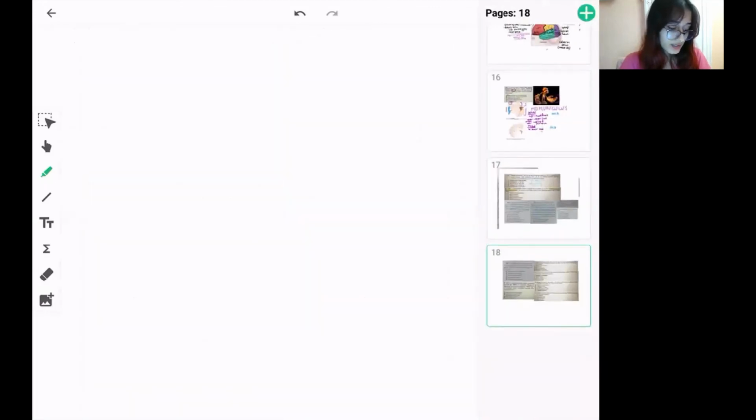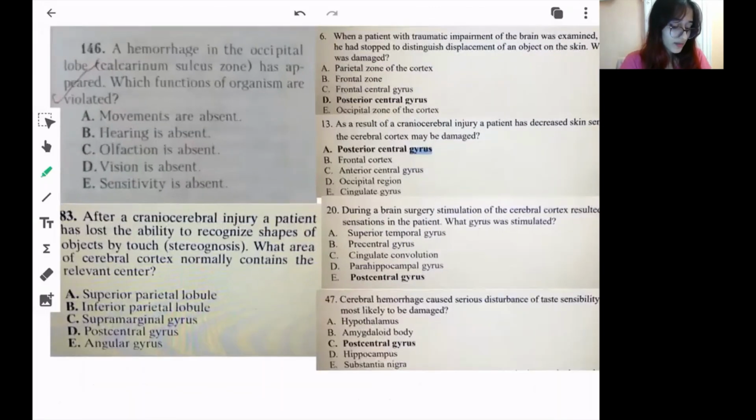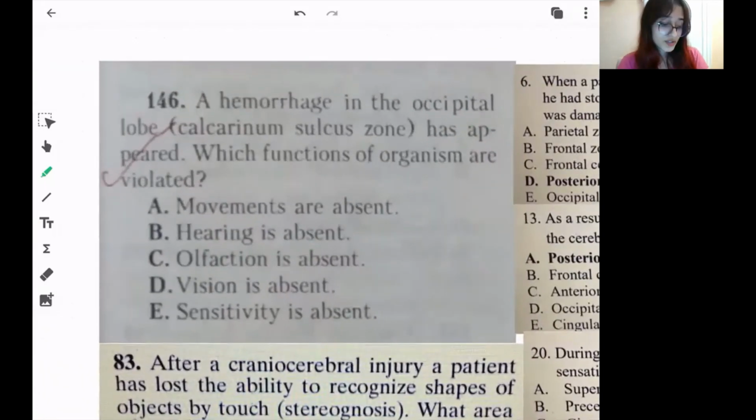So next question, question number 146 of the ministry book. The occipital lobe or the calcarine sulcus. I told you that the calcarine sulcus is present on the medial side of the cerebral cortex, so it is not visible on the lateral view of the cortex. Here the primary visual cortex is located, so the vision is absent.